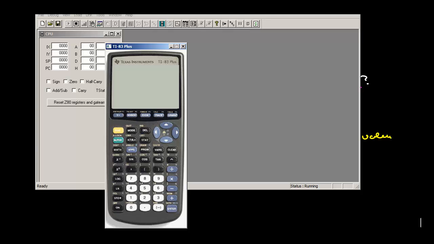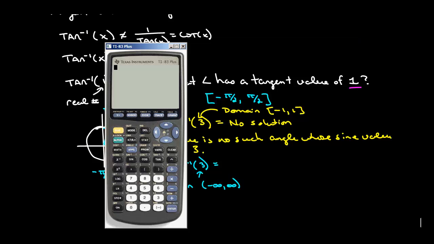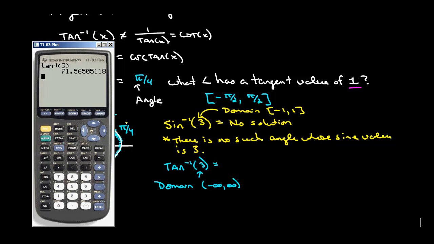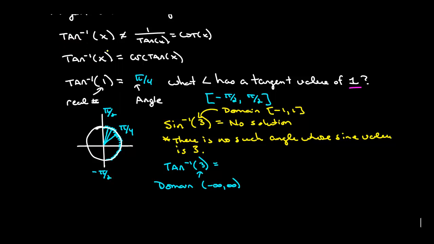We can do it in radians, of course, but degrees is just nice because it'll make sense. So if I do arctangent of 3, it tells me that at 71.57 degrees roughly, the slope of that line is 3. But if I type in the arcsine of 3, it's going to tell me there's an error because I plugged in a number that didn't make any sense.